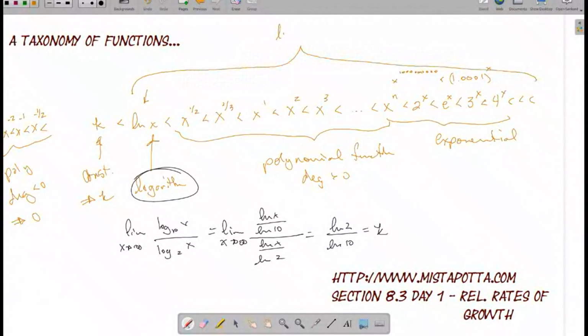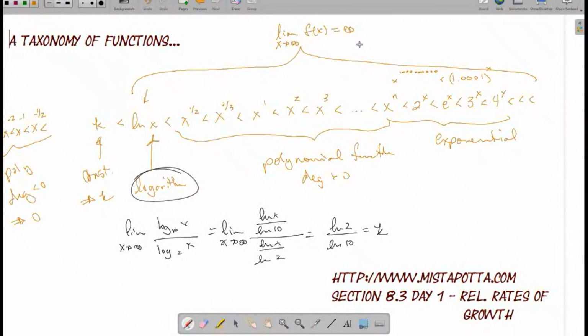And all of these, including natural log, as x goes to infinity, my function will also increase without bound. The question, of course, is which one increases faster, which one has more growth over that period of time as I'm going towards infinity. So it's a good idea to try and do some type of comparison with these.